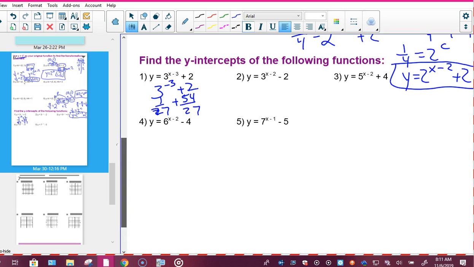You're going to need to convert the whole number to a fraction to combine these. Or you can change it to a mixed number. That would be fine. But you do need to do this step.